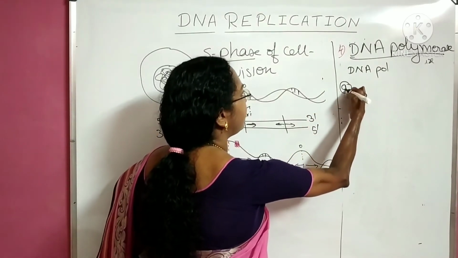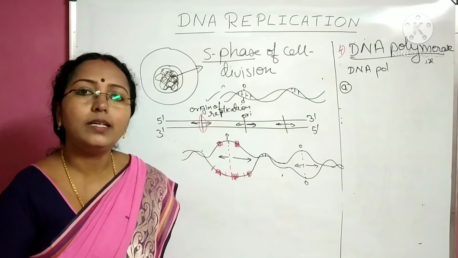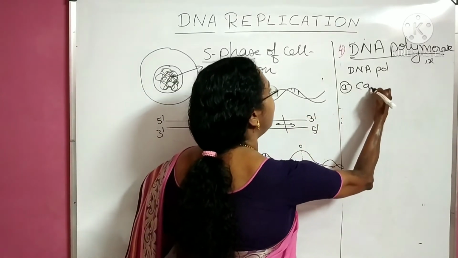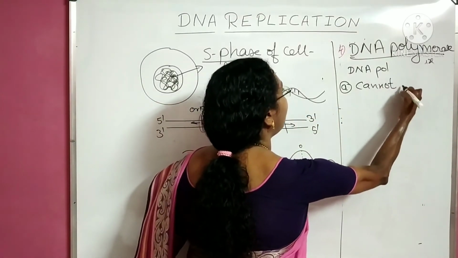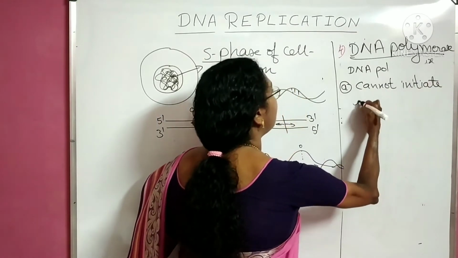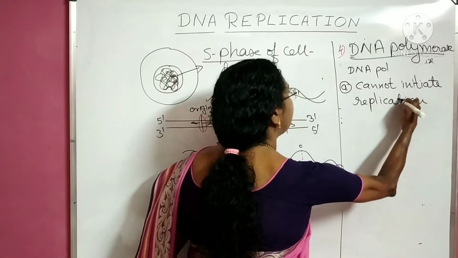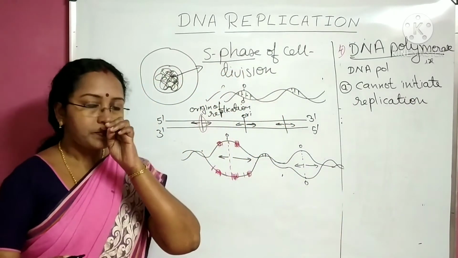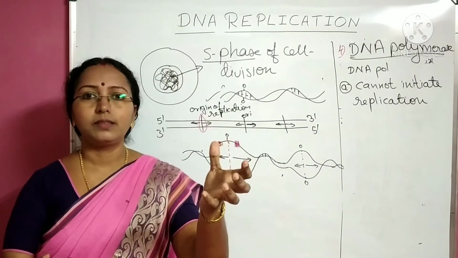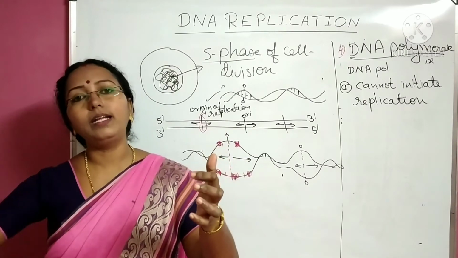First feature, though this is a key player, it cannot initiate replication. It cannot start. It's like, imagine a train. It cannot add the engine, but it can add the bogies. One after the other, it can add any number of bogies.